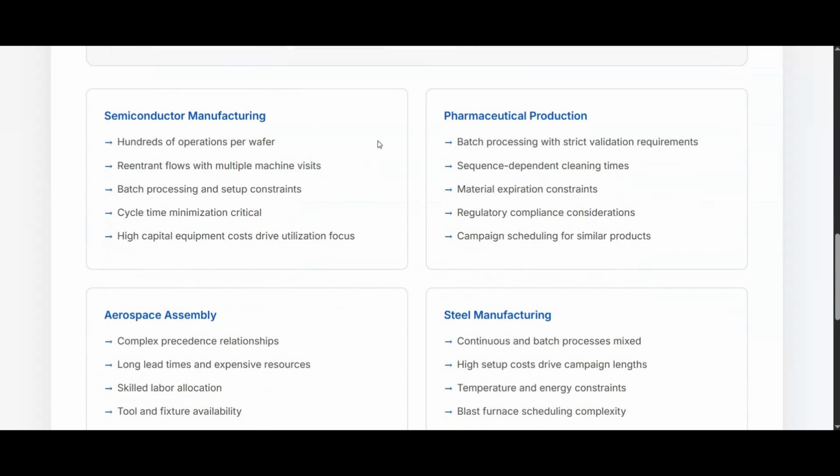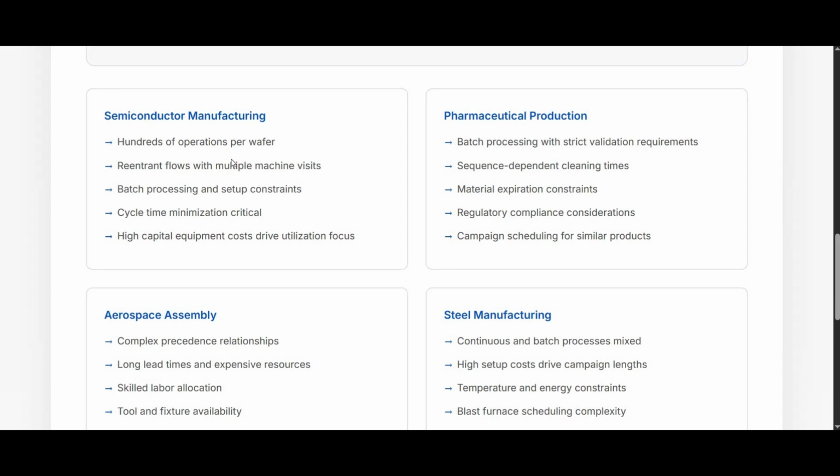Okay, let's break this down a bit further. In semiconductors, there are hundreds of operations per wafer, and the same wafer may revisit machines multiple times. That's called a re-entrant flow. Batch processing, setup constraints, and cycle time minimization are key concerns.